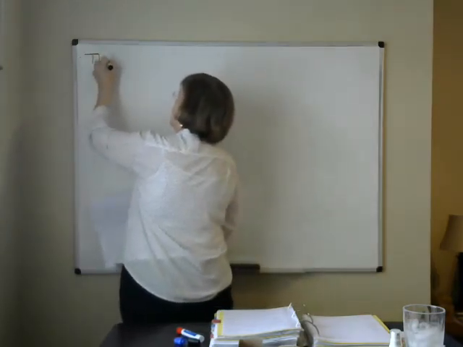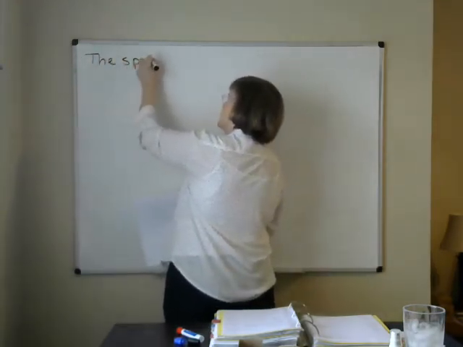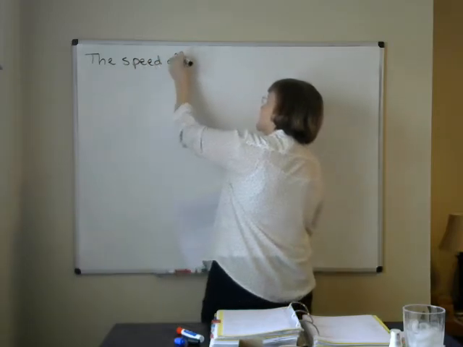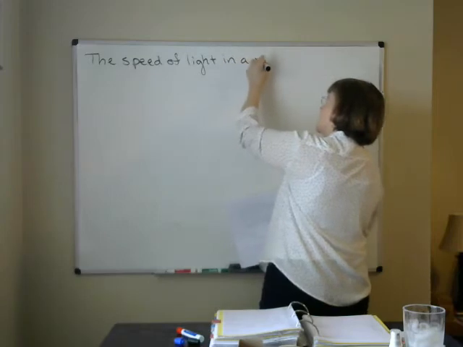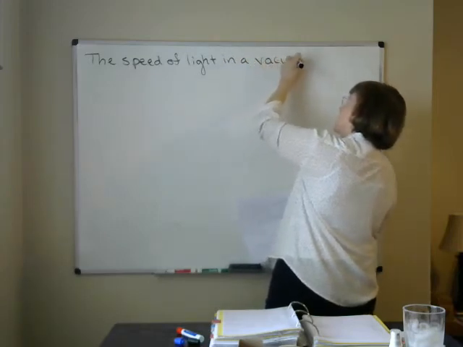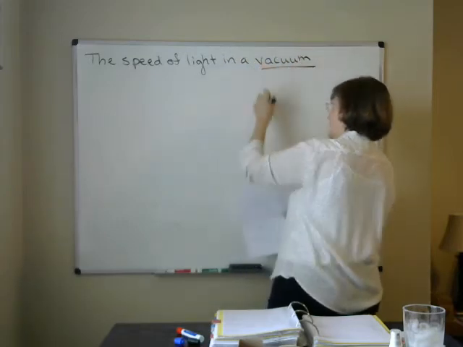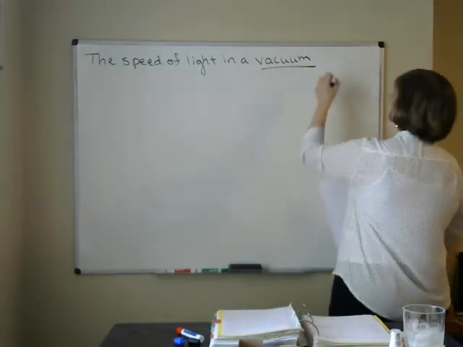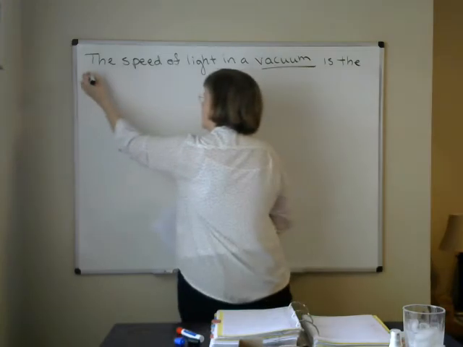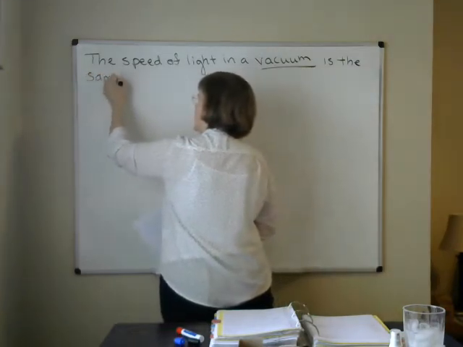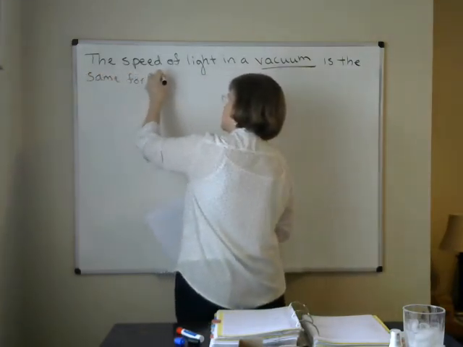The speed of light in a vacuum is the same for all wavelengths.